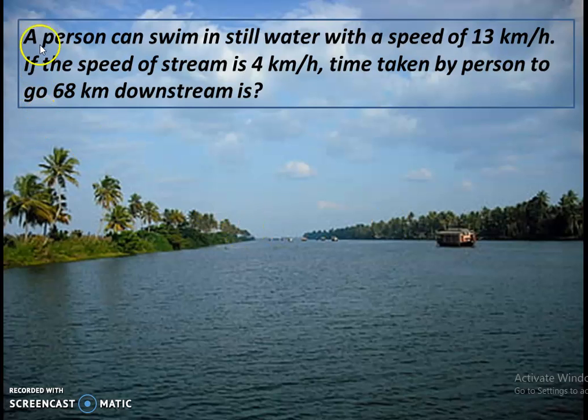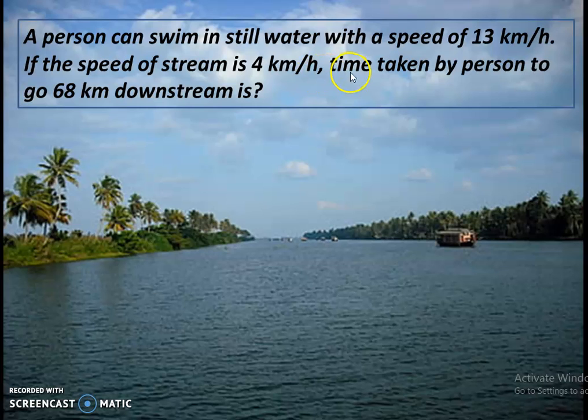Now another question is, a person can swim in still water with a speed of 13 km per hour. If the speed of stream is 4 km per hour, the time taken by the person to go 68 km downstream is. Here we are given that the speed of the person in still water is 13 km per hour and the speed of stream is 4 km per hour.